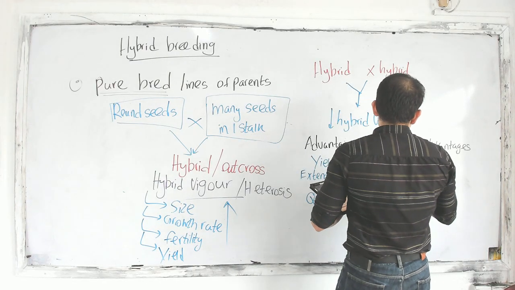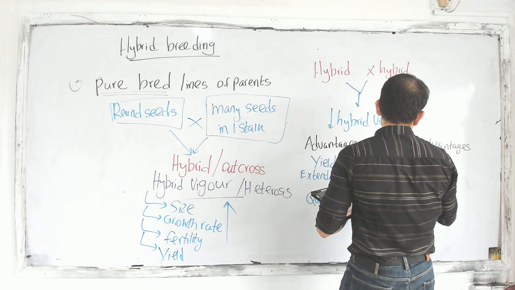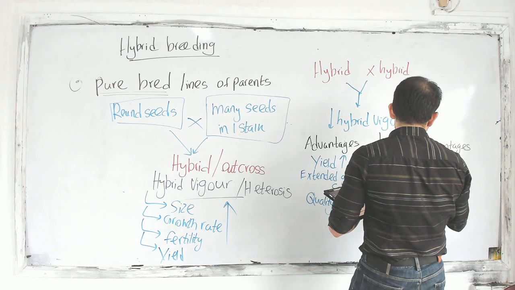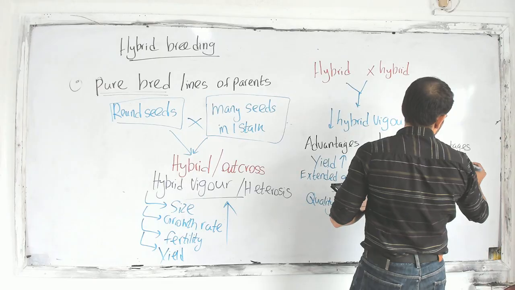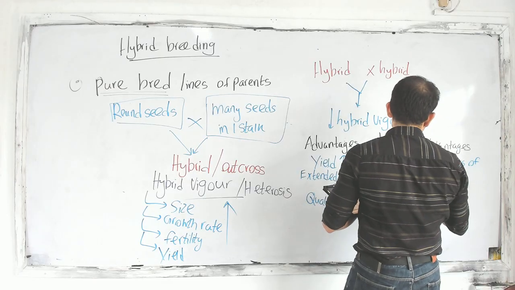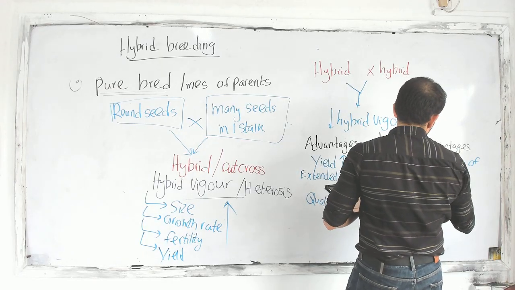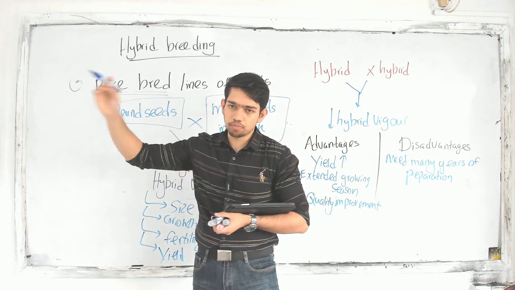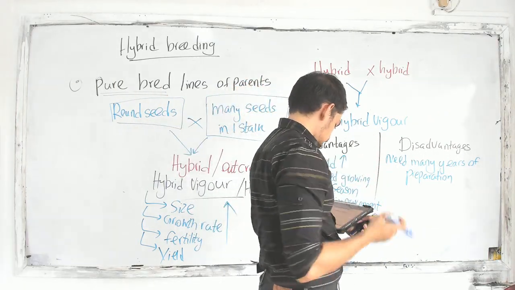Hybrid breeding needs many years of preparation. You need to prepare pure lines over a long period of time.